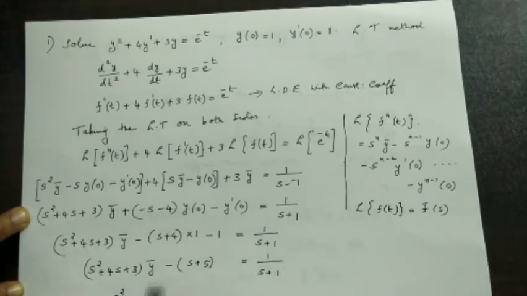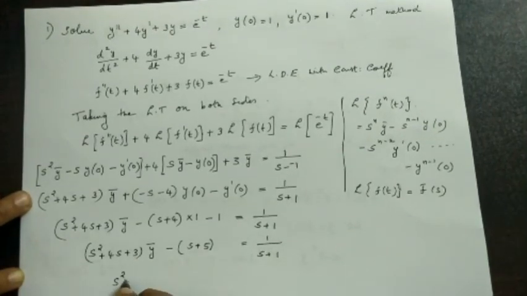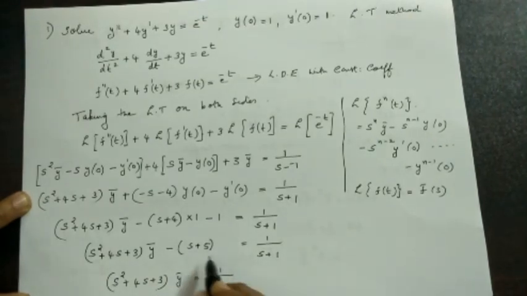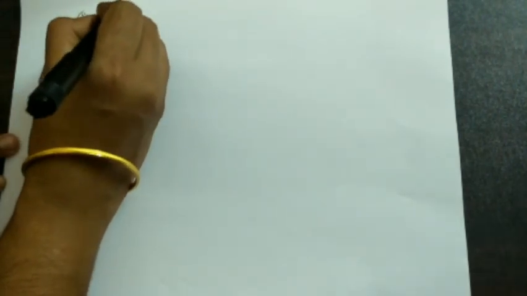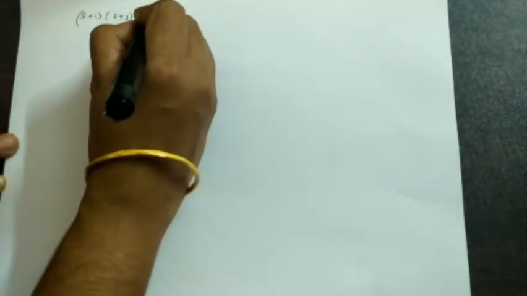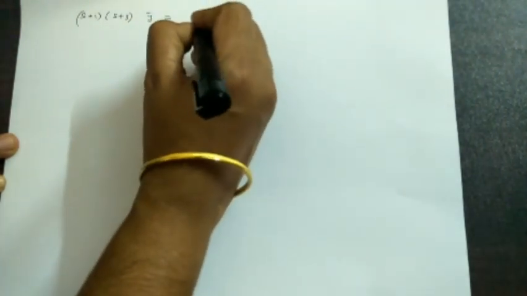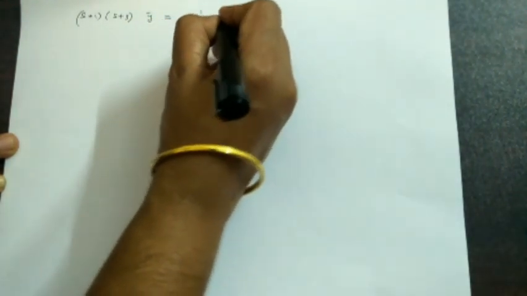That is again s square plus 4s plus 3 into y bar is equal to 1 by s plus 1, taking the term s plus 5 to the right hand side. This minus s plus 5 becomes plus s plus 5. That is, s square plus 4s plus 3 can be written as s plus 1 into s plus 3, y bar, equal to 1 by s plus 1 plus s plus 5.